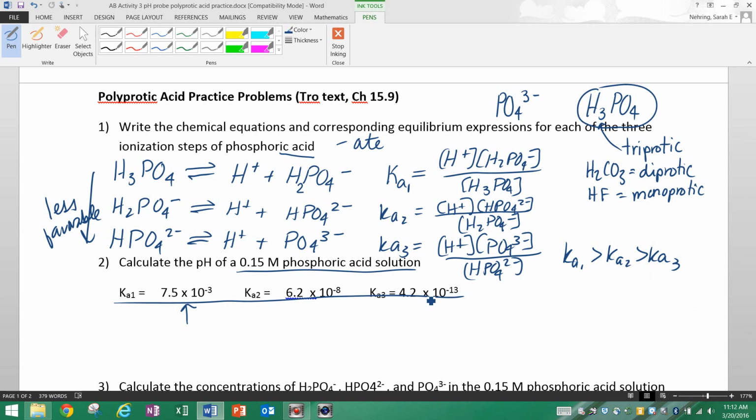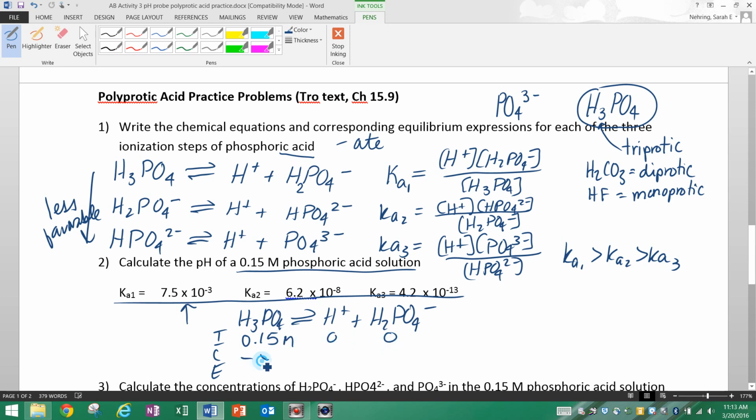Okay, so if we're trying to find the pH of this solution, we would just look at this first reaction because it has the largest Ka value, so it's going to be the only one having a significant impact on my H plus concentration, and my initial value is 0.115 molar, and these start out at 0. And so we go through and fill in our ice chart here.